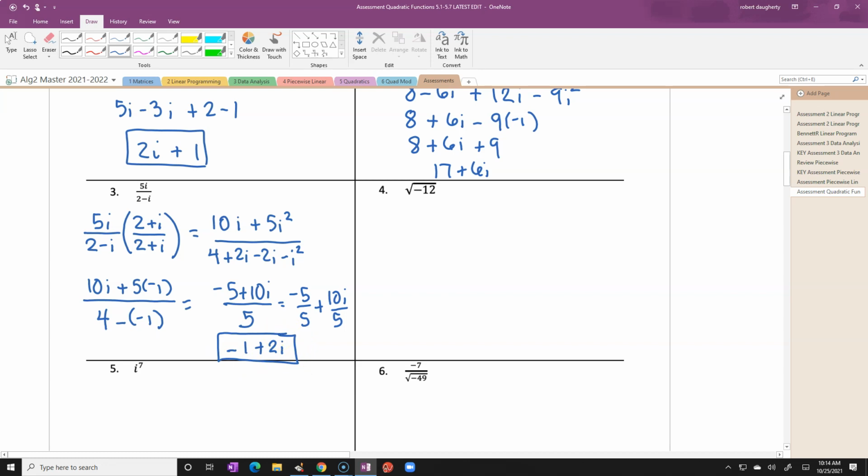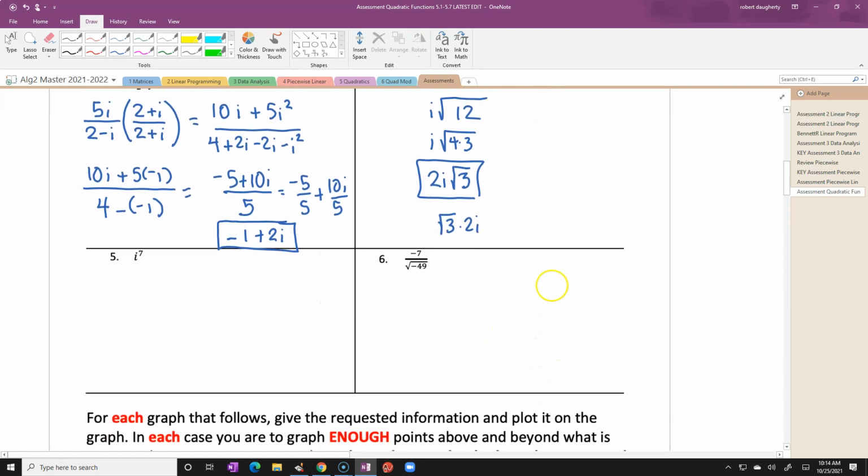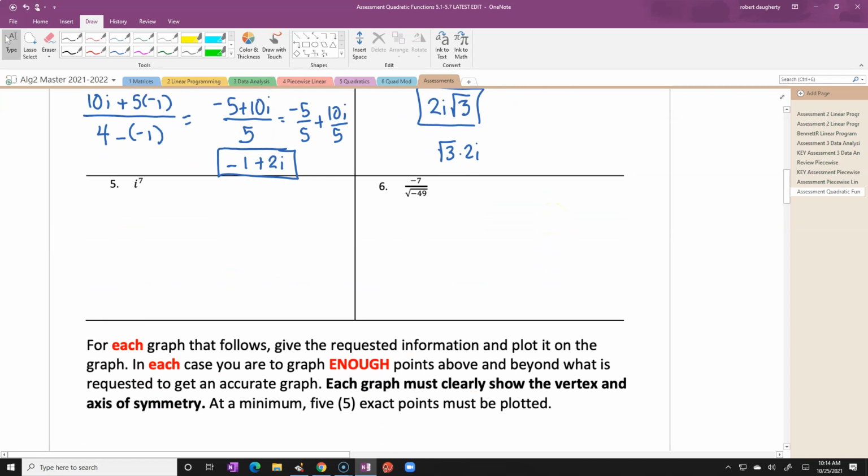Square root of negative 12. This is i times the square root of 12. What is 12? So this is i times the square root of 4 times 3. The square root of 4 is 2. So this is 2i square root of 3. Or you could write it, square root of 3 times 2i, either way. i to the 7th.